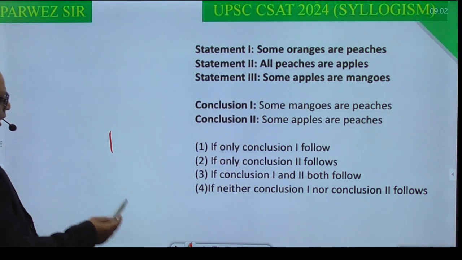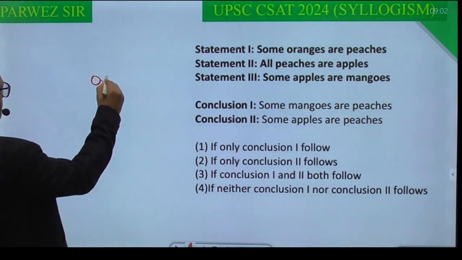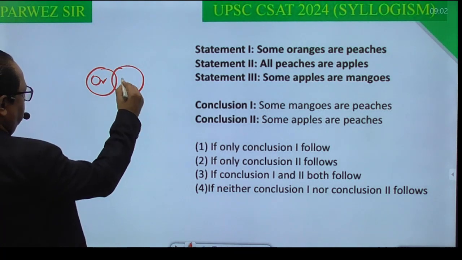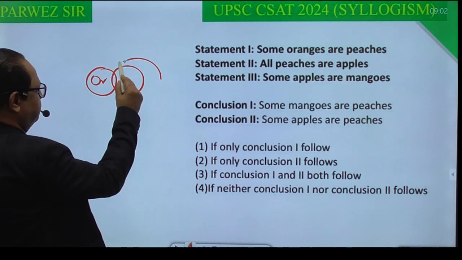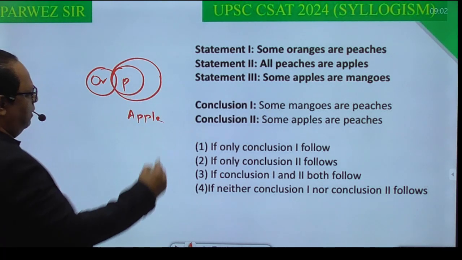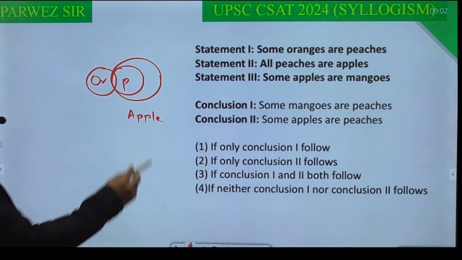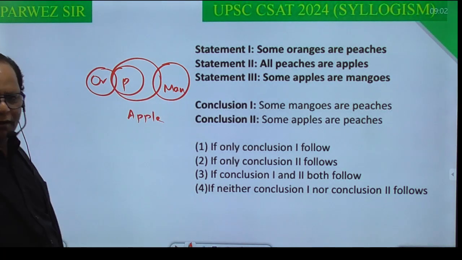Some oranges are peaches. All peaches are apples, and some apples are mango.